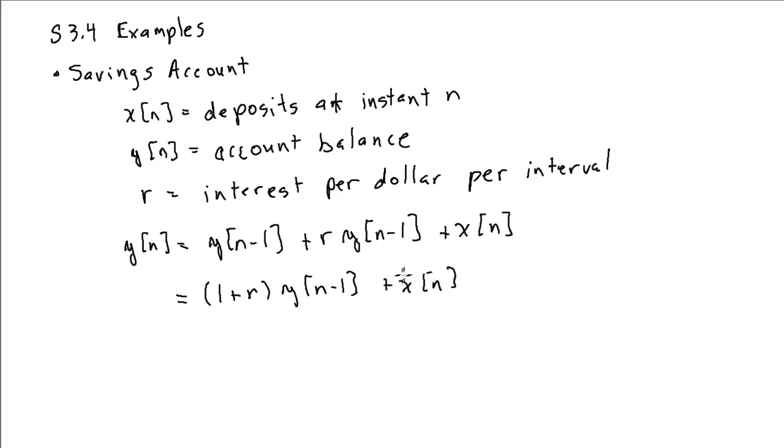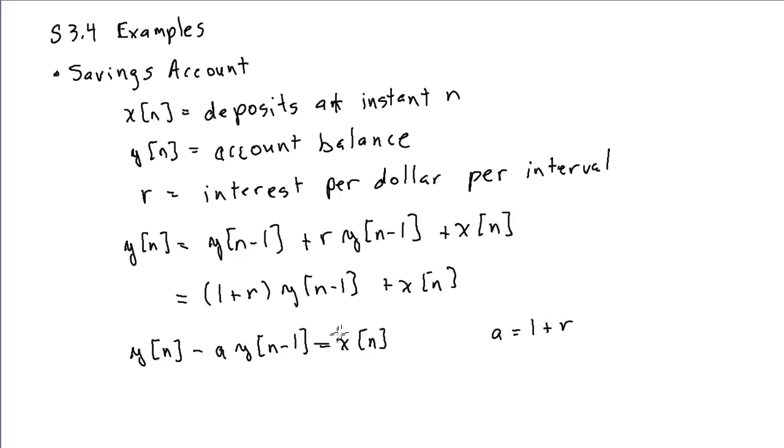And then just to simplify the notation a little bit, I'll define 1 plus r as being equal to a. So I can rewrite this as y of n minus a y of n minus 1 is equal to x of n. Again, where a is equal to 1 plus r.